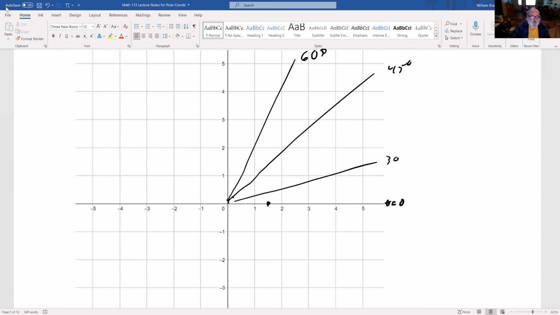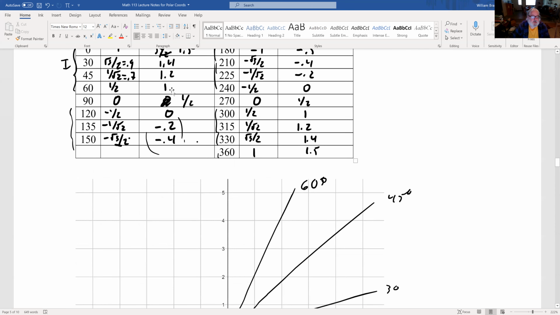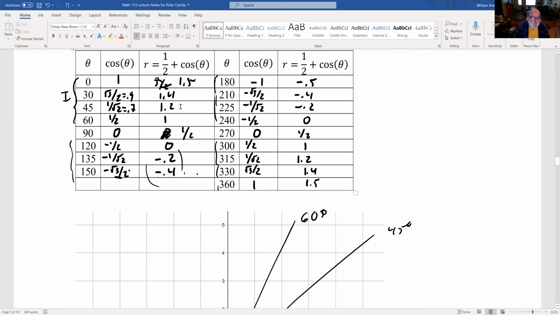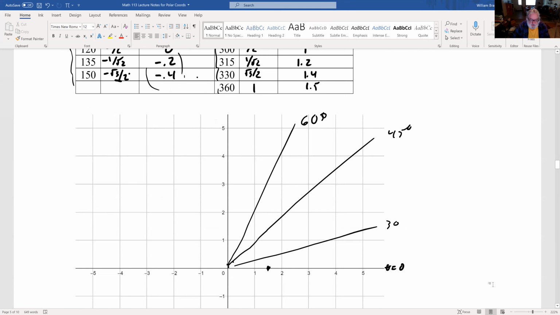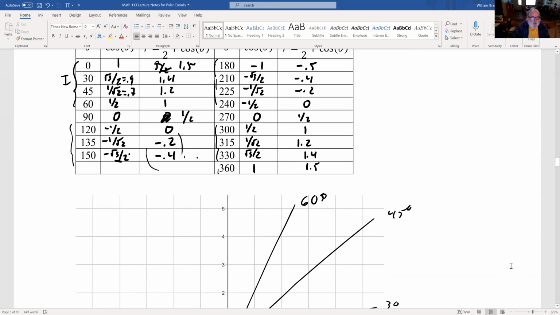At 30 degrees, right, we're at 1.4. At 45 degrees, we're at 1.2. At 60 degrees, we're at 1. So we go 1.4 out 30 degrees. Remember that this is the hypotenuse and not the x-axis, so we're going out not quite 1.4 there. And 1 unit is about that distance.